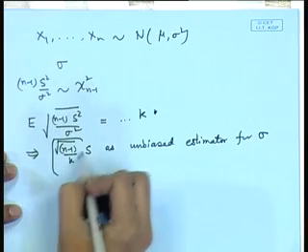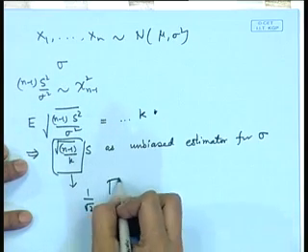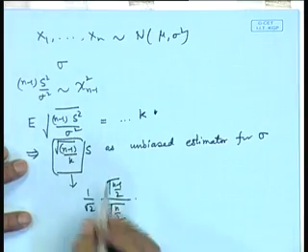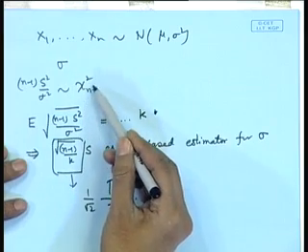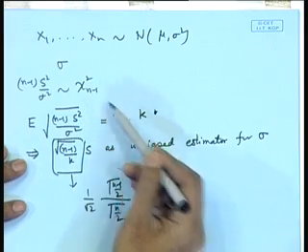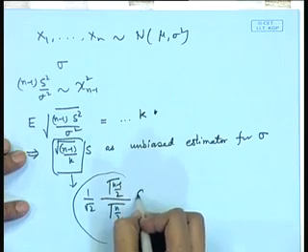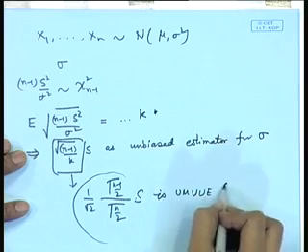This quantity which I have written here is actually 1 by root 2 gamma n minus 1 by 2 divided by gamma n by 2, which can be obtained after certain calculations, because the expectation of this will involve evaluation of a gamma function, which can be easily done, and this term will come. So, what we will get is that this is the UMVUE for sigma.